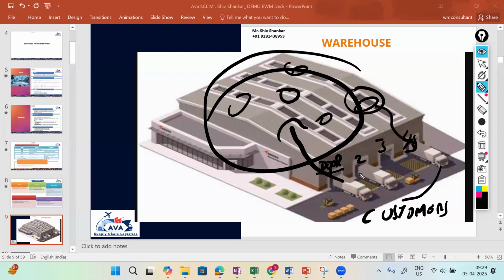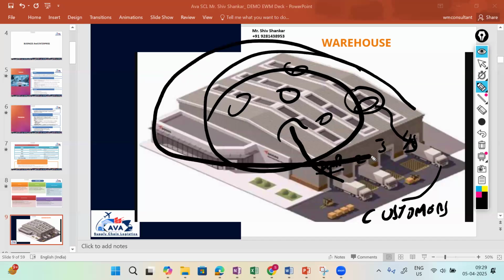So doors are meant for either loading or unloading. After unloading or loading, whatever activities happen in this total building are within the warehouse, which we are going to work on. That is the detailed functions, how optimally these materials can be stored in the warehouse.